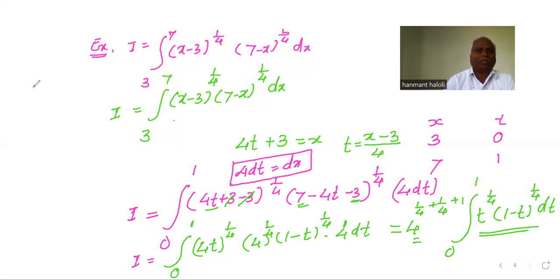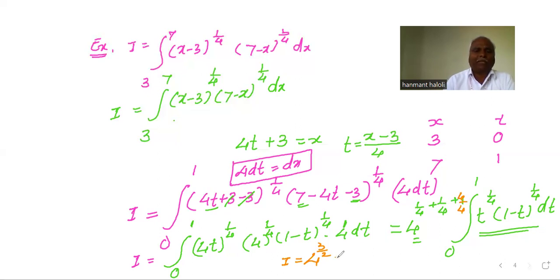Now here the beta function. Integral I equal to 4 raised to, taking the LCM, multiply 4 and divide by 4: 4, 5, 6, so 6 upon 4, which means 3 upon 2. So 4 raised to 3 by 2 times the beta function.